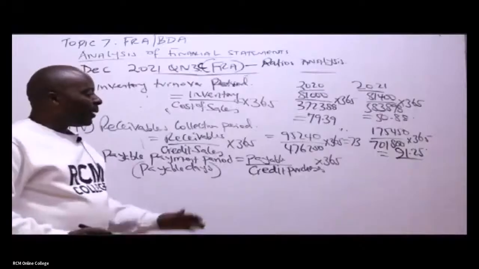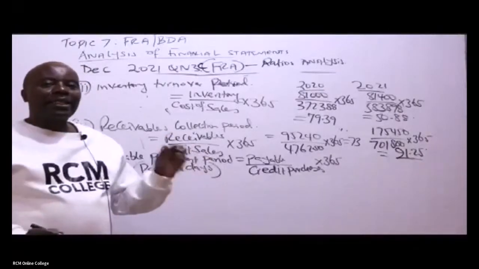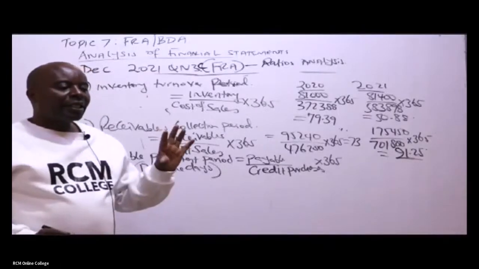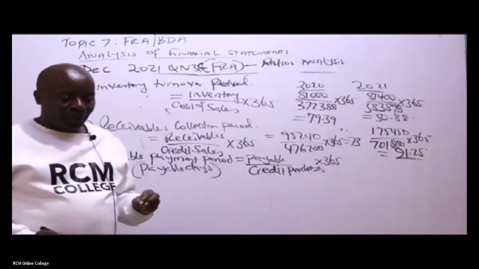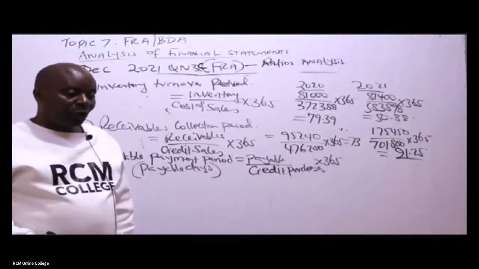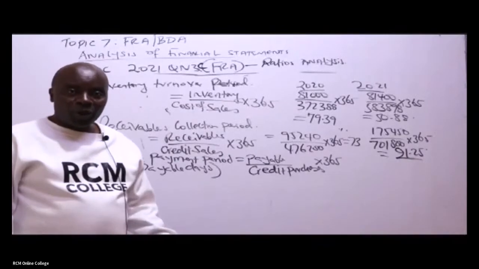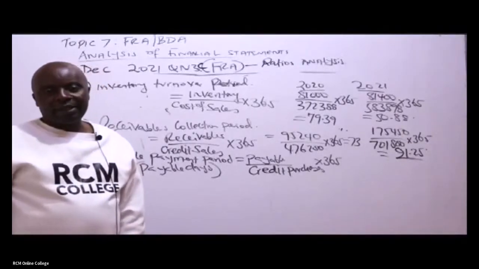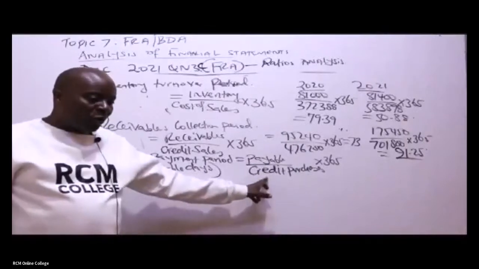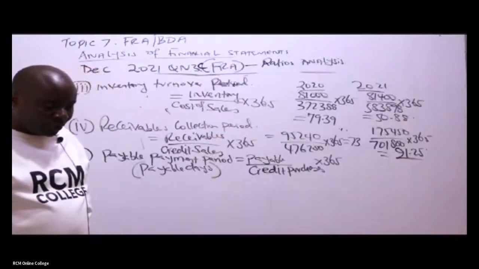Whenever purchases is not given, when you can't figure it out, you shall always assume that it is the cost of sales. If they don't tell you how much the purchases was, use the cost of sales.